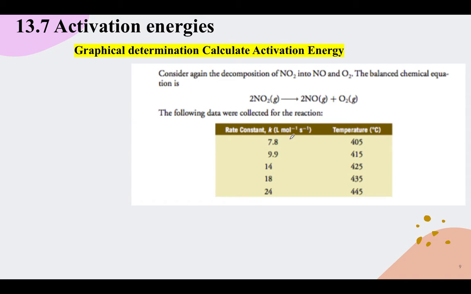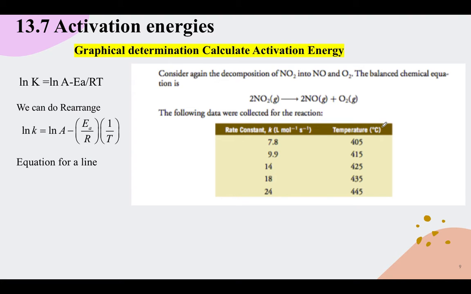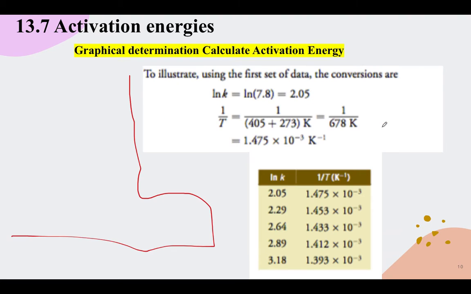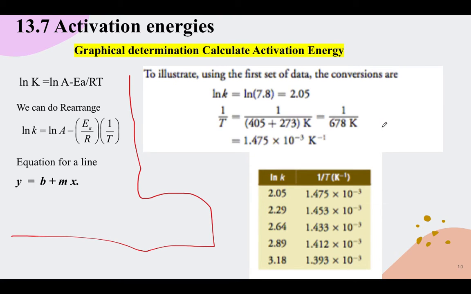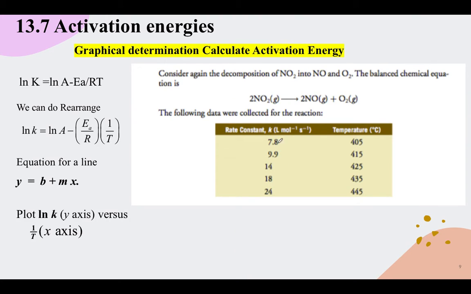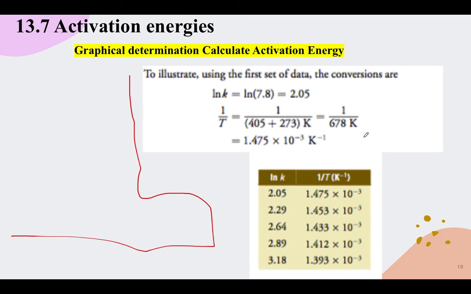The rate constant is in mole per liter per second and the temperature in degrees Celsius, but according to our equation it should be converted into Kelvin when we do the math. Just for understanding, I keep the equation here. If we consider the data table in the book, we can use this data table and find the ln k value and the T value.